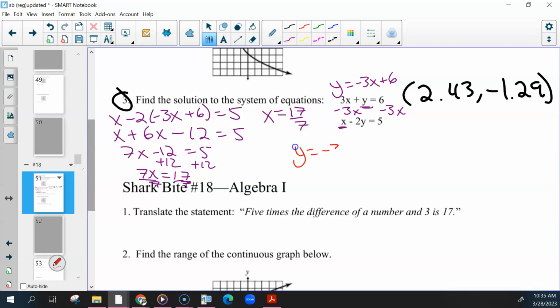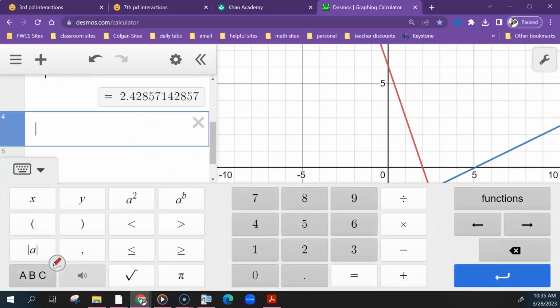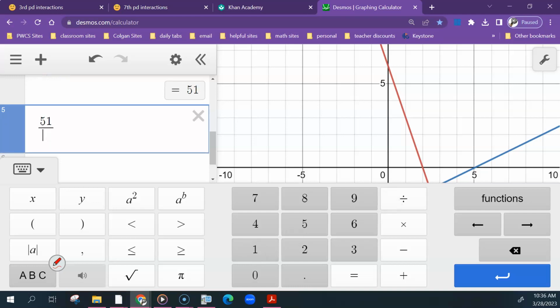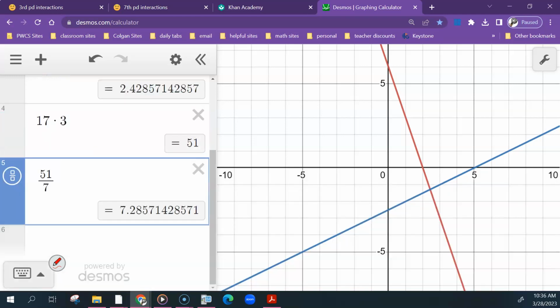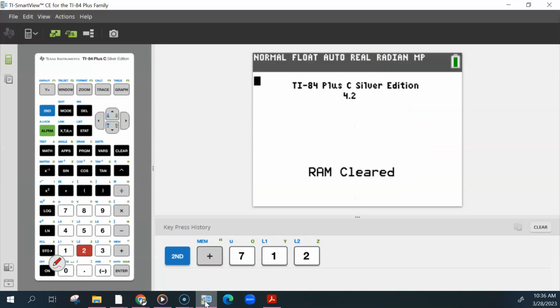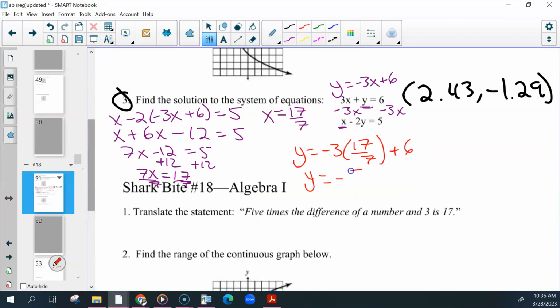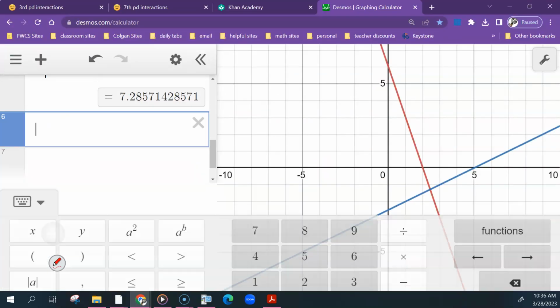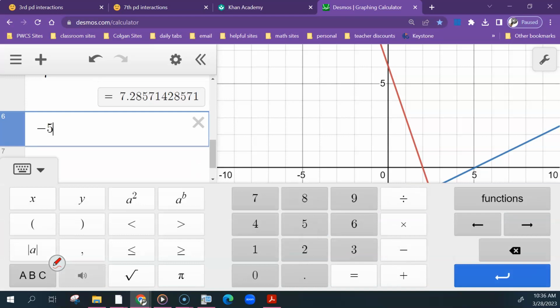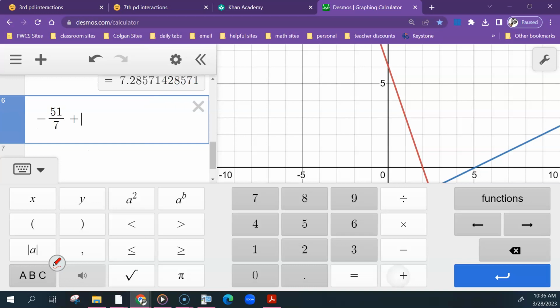So y equals negative 3 times 17 over 7 plus 6. Negative 51 over 7 plus 6.